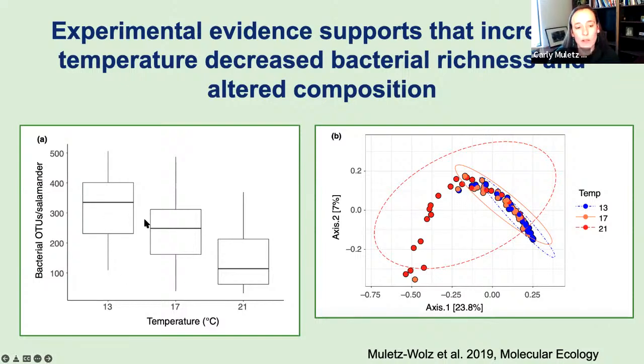And as you increased in temperature, we lost the number of bacteria living on the salamander skin. Looking at the community composition here, each dot representing a salamander's skin microbiome, we found that those higher temperatures had the most altered microbial communities. So temperature was important.